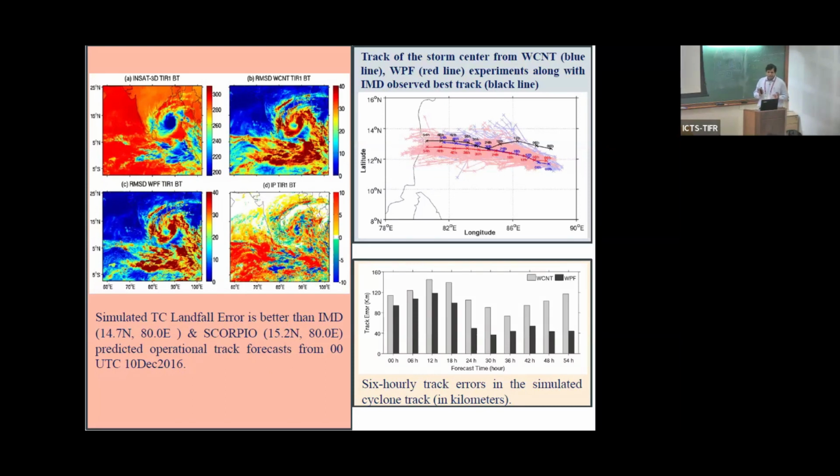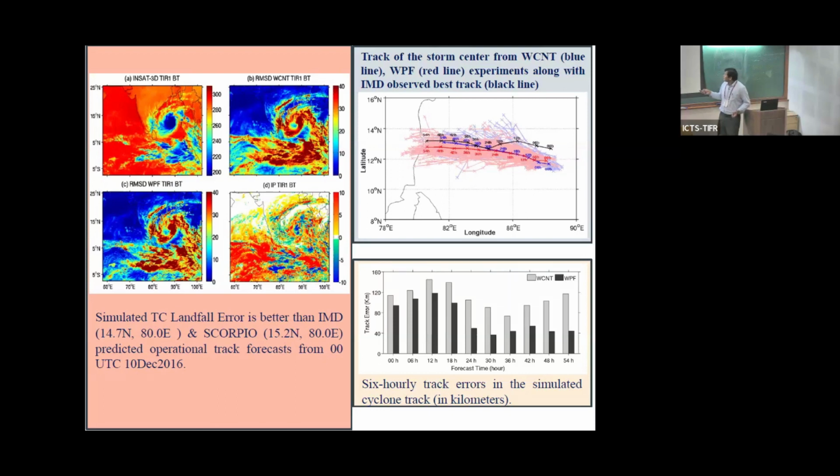It's a well-known problem. Even the best tracks from the IMD and JTWC differ by hundreds of kilometers. So even in this case, I found that the center position in my analysis, which I take from the NCEP final analysis, and the center detected by IMD have a sufficient difference.